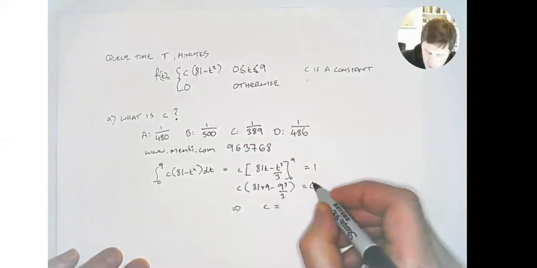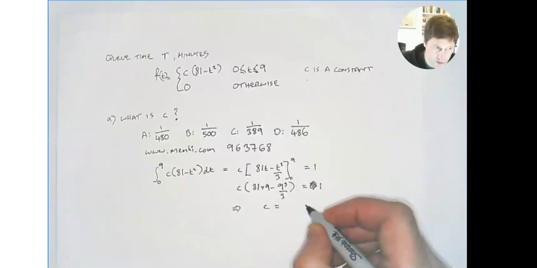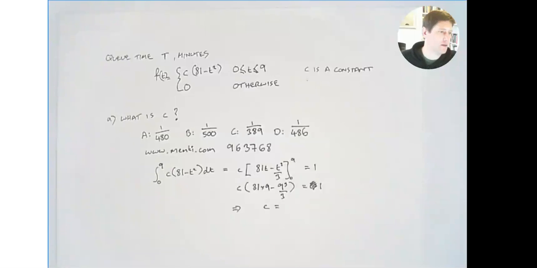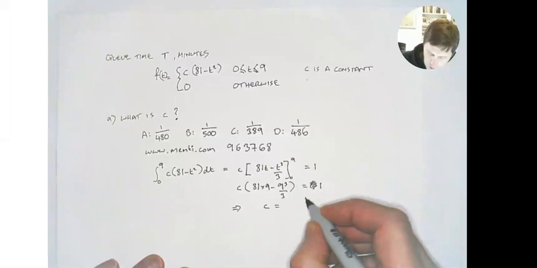Oops, not equals 0, equals 1. So we can tell that c must be equal to 1 over all of this.